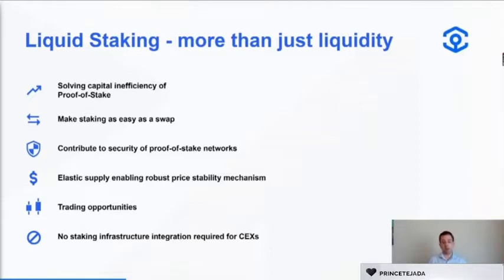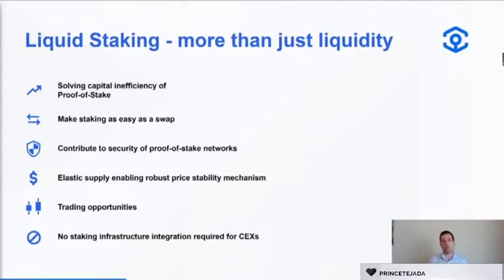And the last part is really about centralized exchanges. We don't really see centralized exchanges as a competitor at Ankr. Large centralized exchanges provide staking deposits to their clients in the way they know how to do it, which is integrating the staking nodes into their infrastructure and offering those staking deposits themselves.